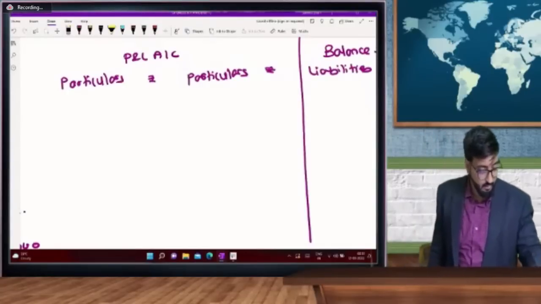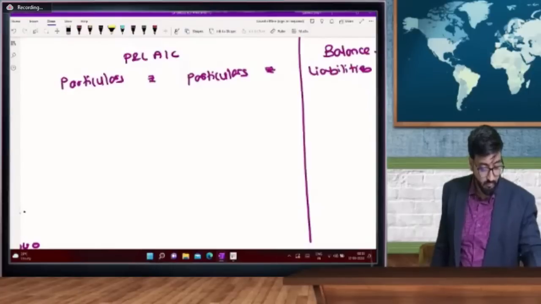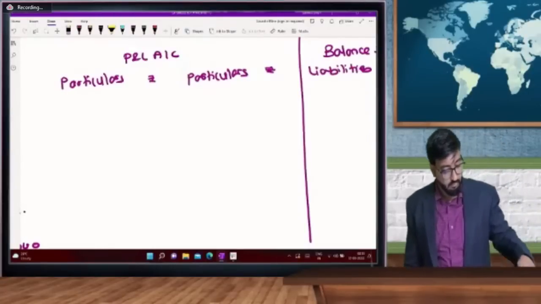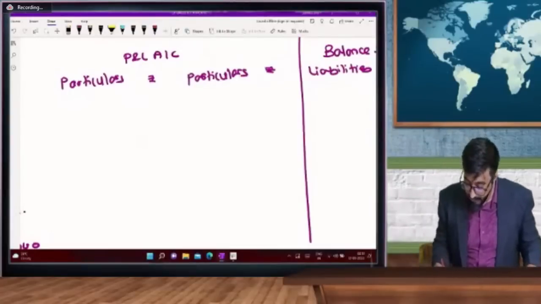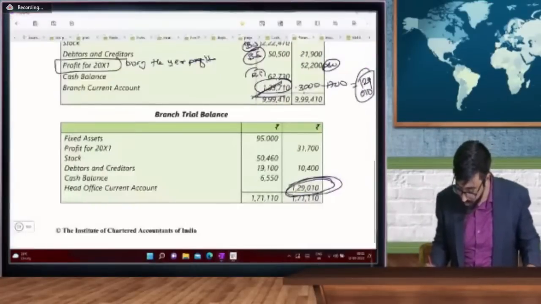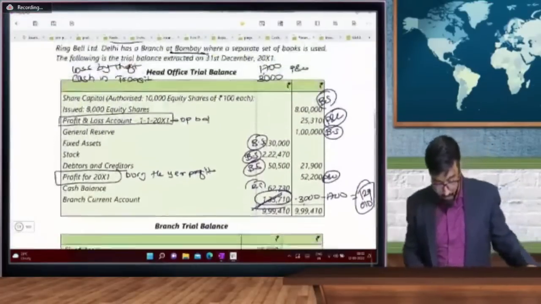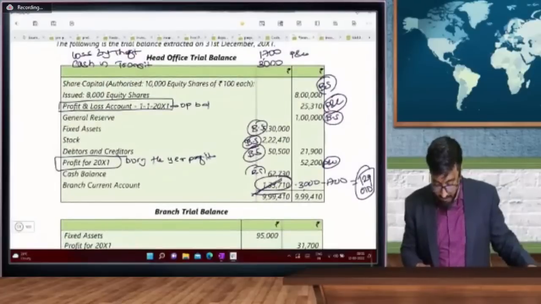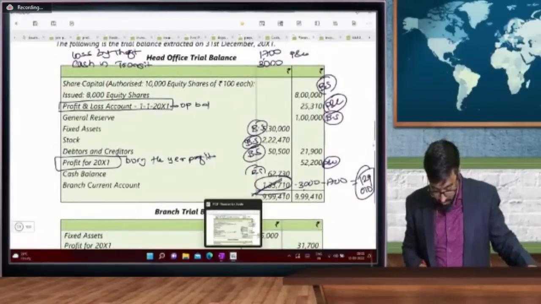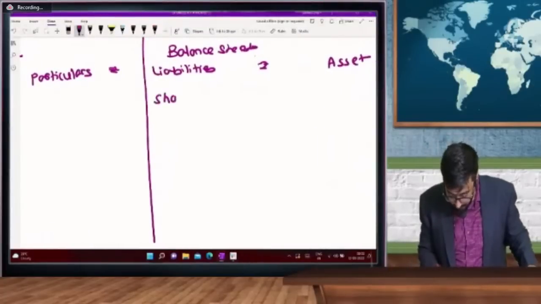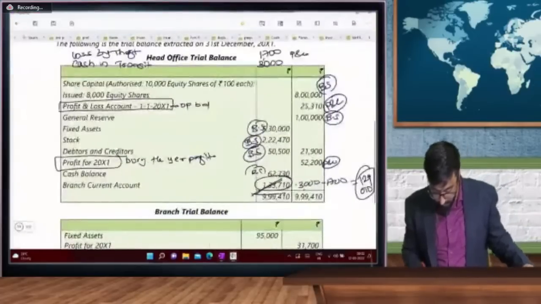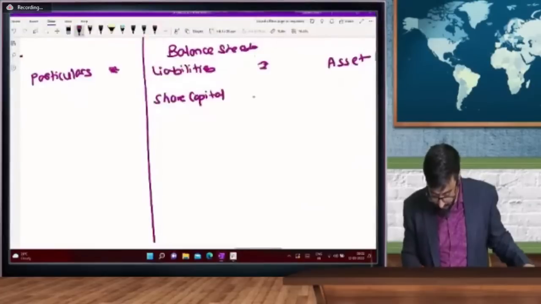Okay. Chalo. P&L account, beta. Now we will solve it one by one. Share capital. Yes, write down in the balance sheet liability side: share capital, 8 lakhs.